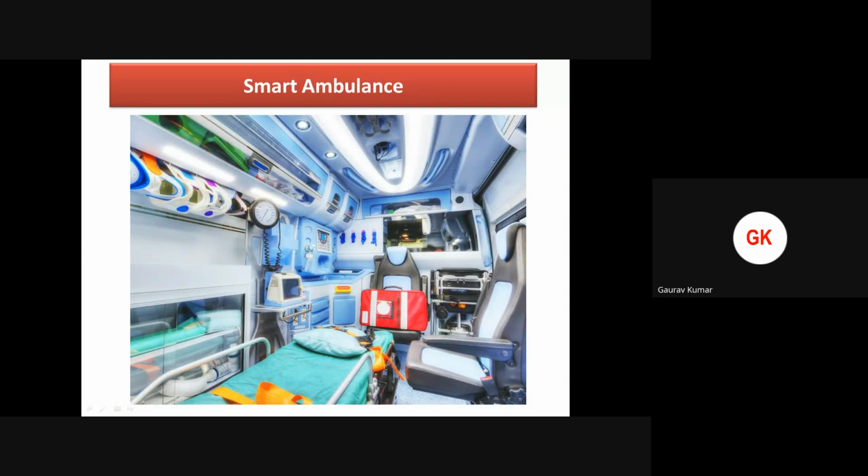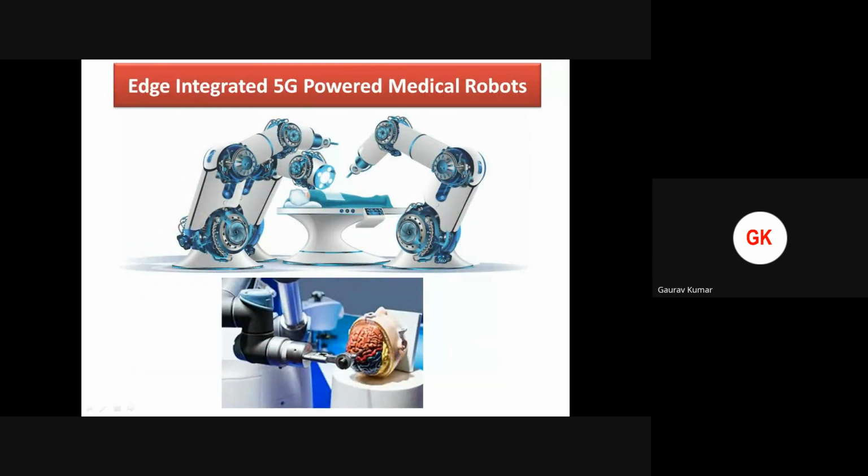One of the very popular and prominent examples of edge computing is the smart ambulance, because whatever measurements, calculations, and readings we get from the patient should be analyzed within that specific scenario, within that specific premises, and only after performing those calculations and operations, we send the final readings to a remote doctor, to decide how much medicine or which specific injection is to be given in that scenario. Okay, smart ambulance is 5G powered medical robots.